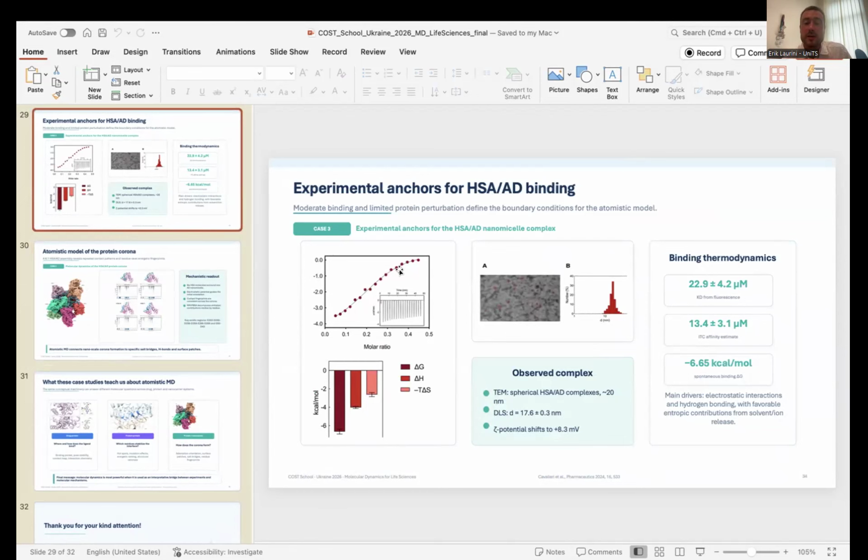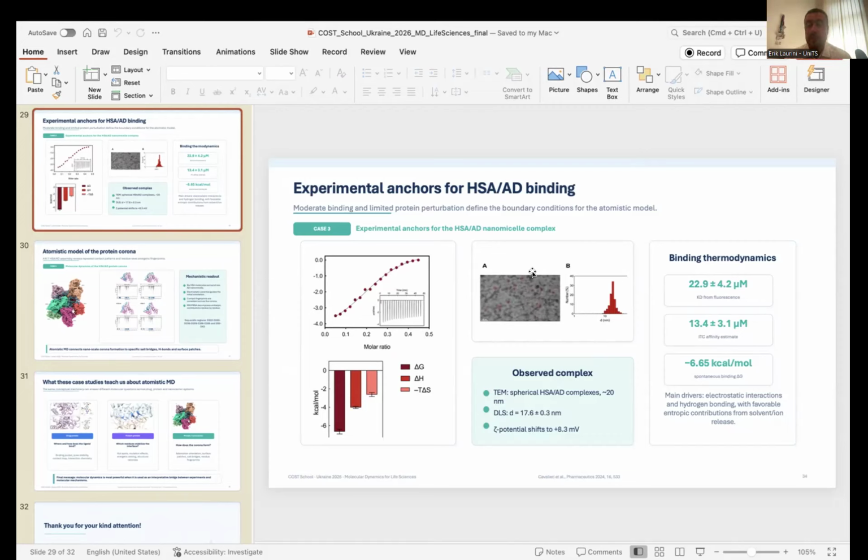First of all, with calorimetry we obtain a thermodynamic description of the binding, not only affinity and the thermodynamic mechanism, but if you set the experiment appropriately, you can also retrieve the stoichiometry of the interaction between the molecules involved. From the ITC experiment, we define a stoichiometry of 5 to 7 HSA involved in the system.